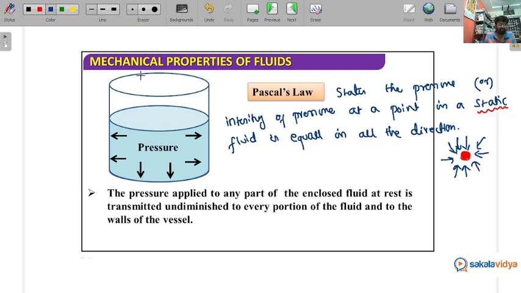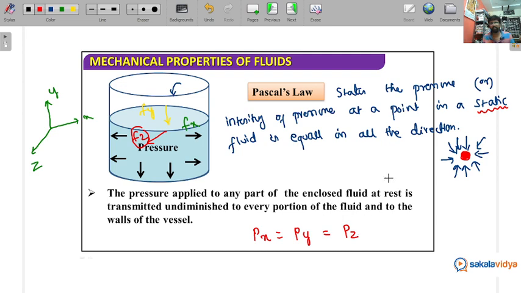For example, if this is a container filled with water, in a 3-dimensional system with x, y and z directions, the intensity of pressure in x direction is equal to that in y direction is equal to that in z direction, because forces acting in any direction are the same.